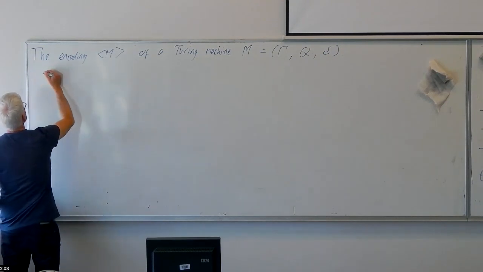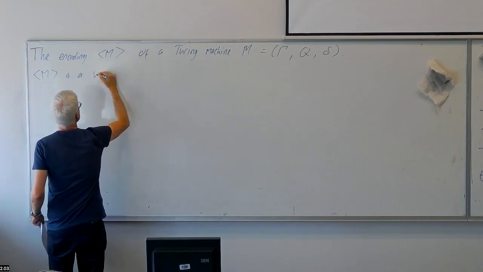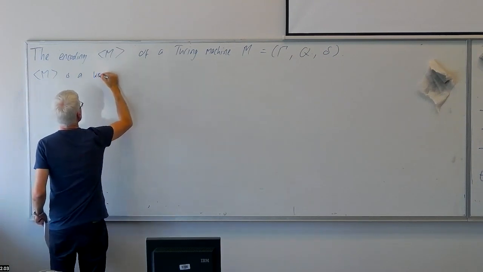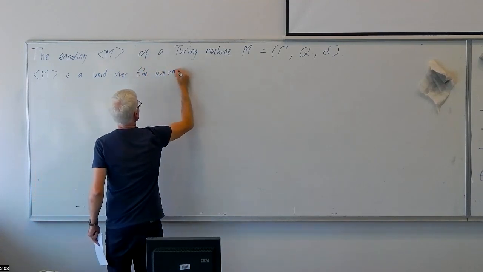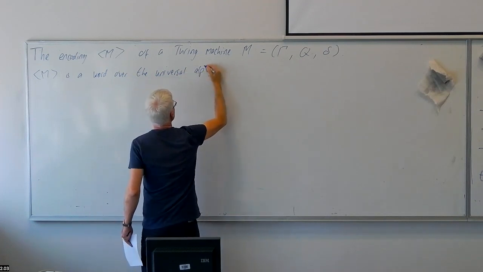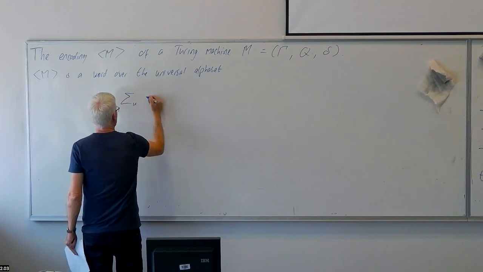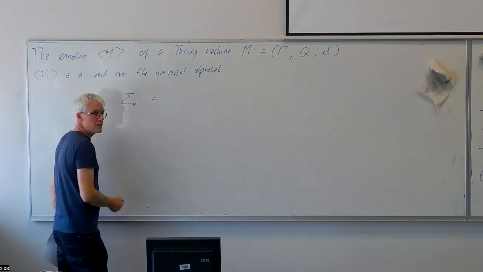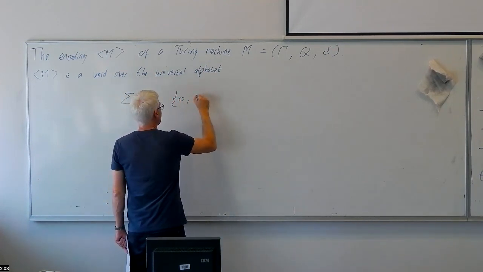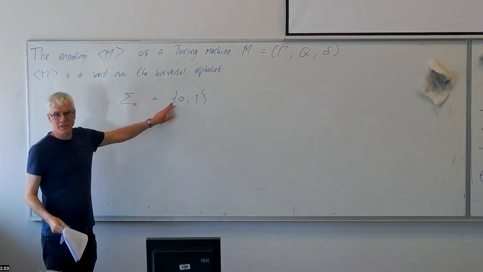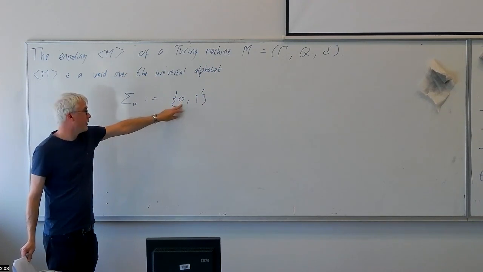So it's a word over the universal alphabet, sigma U. So what is the universal alphabet? Well, if one were doing things in practice, it could just be 0, 1. We could do everything just using binary words if we wanted to.